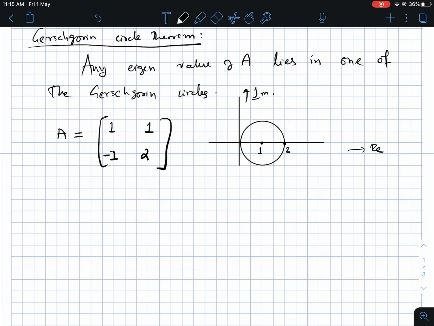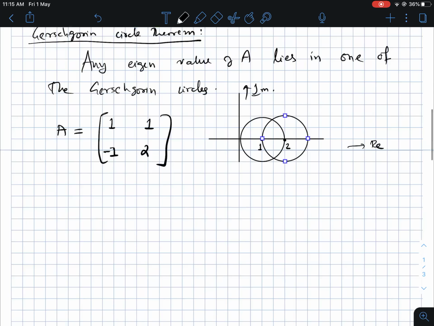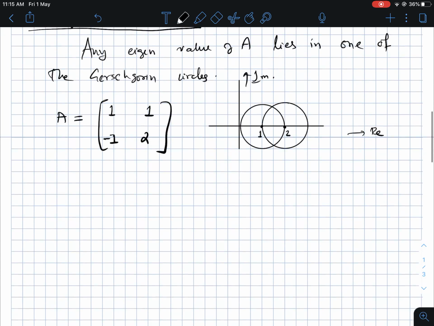Perfect, this is the second Gershgorin circle. So here A11 equals 1 and A22 equals 2, these are the centers, and the radii are R1 equal to 1 and R2 equal to 1. Both the radii are 1.